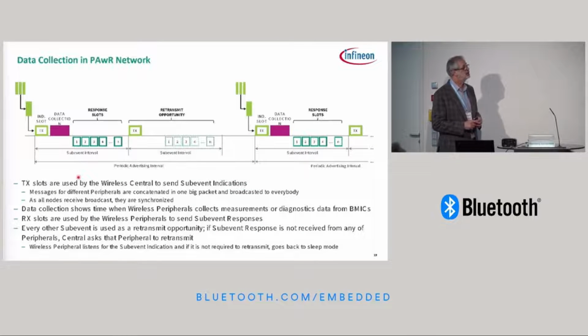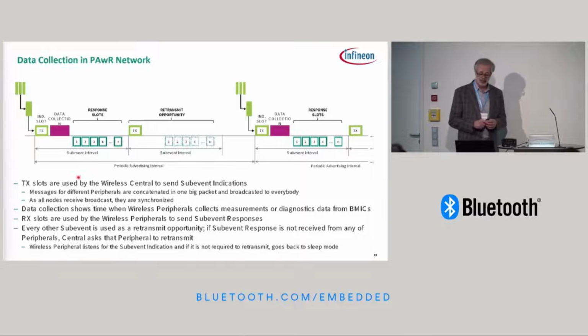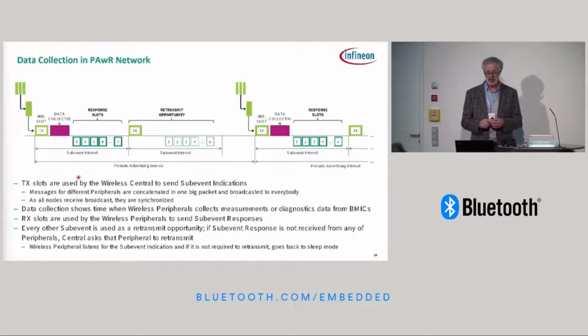Now that you know about wBMS and PAwR, let's see how they work together. If you remember, there is a triplet, and so let's say that your cell module restarted. It never happens. It happens once in the factory, let's put it this way. So you listen to the triplet, you find the aux-ADV indication, and that points to your periodic advertising stream. And that goes from the periodic advertising interval.